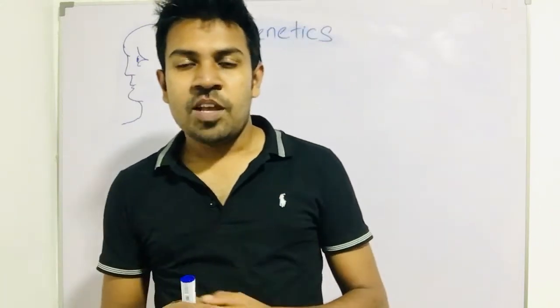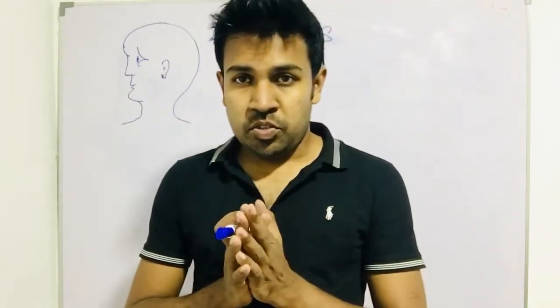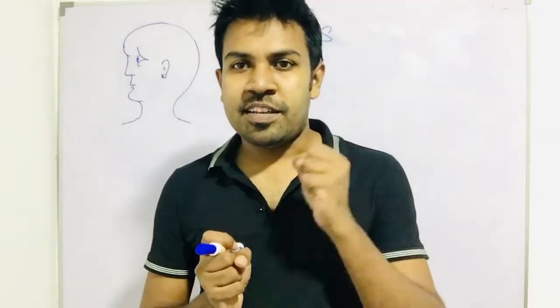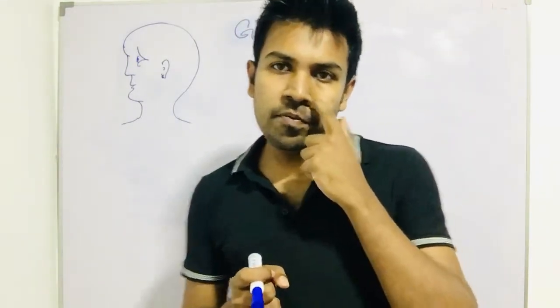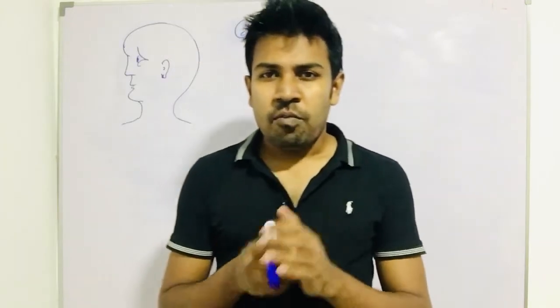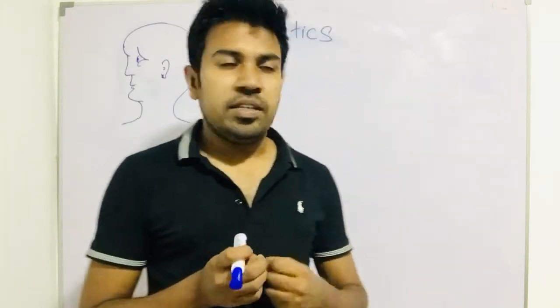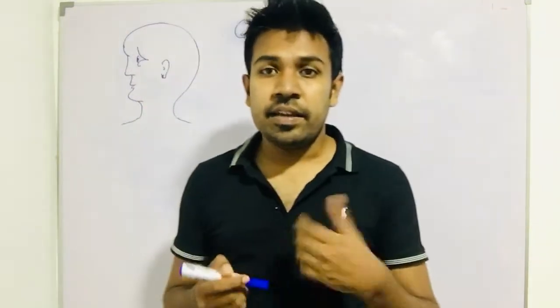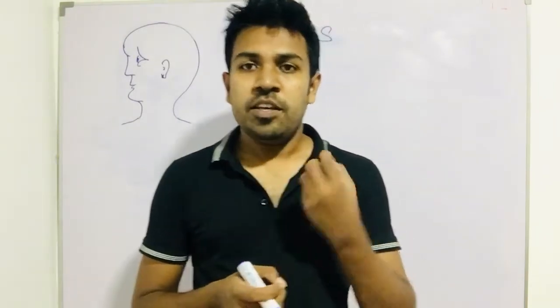Hi everyone. We are going to do Mendel's experiments today. Before that, I would like to tell you about the things related to genetics and the inheritance of characteristics in humans.